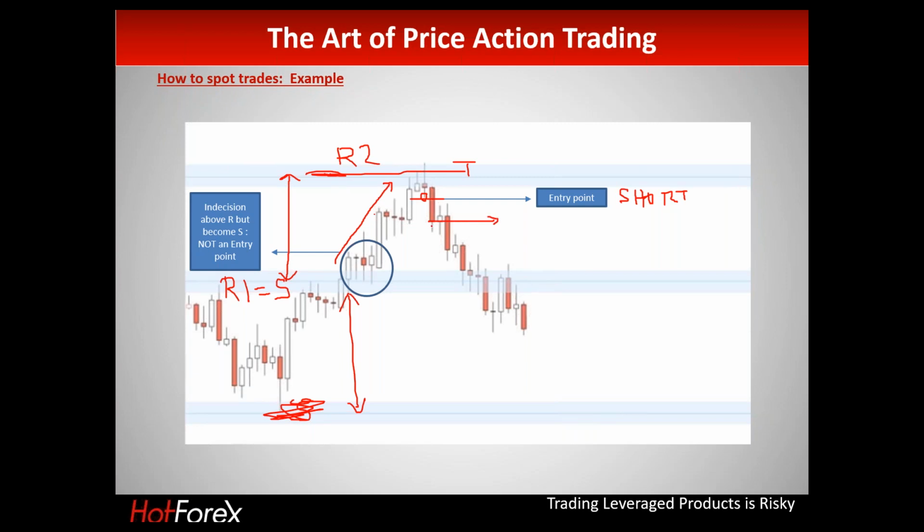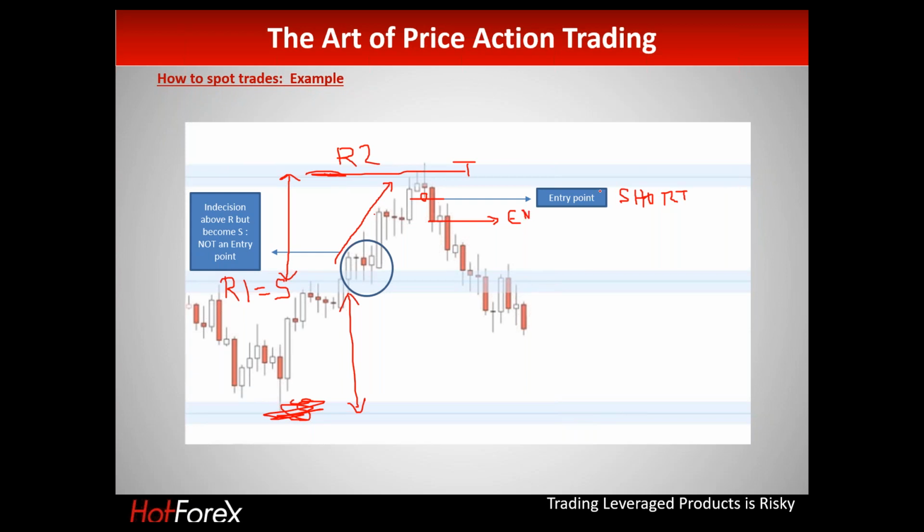In case you missed entering on the break of the previous low, you can wait for the candle to close as a strong bearish candle. If it does, you can take an entry then.